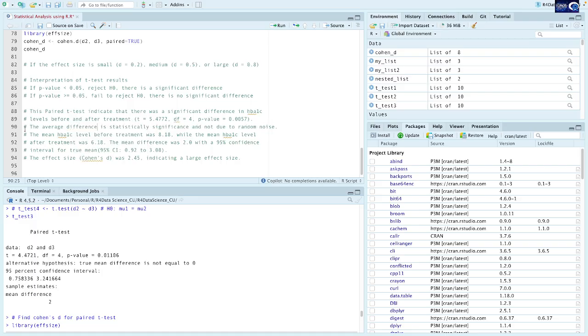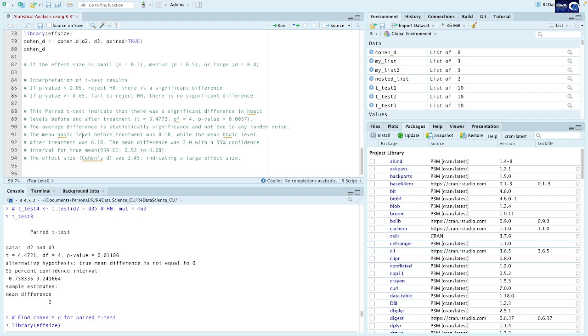Now, the average difference is statistically significant and not due to any random noise, because this is statistically significant as per the values here.